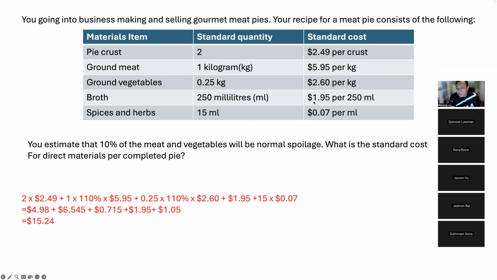It says 1.95 per 200 milliliter, so I'm going to only add 1.95. And last is the 15 milliliter times 0.07 per milliliter. So when I did my calculation, my result is $15.24.